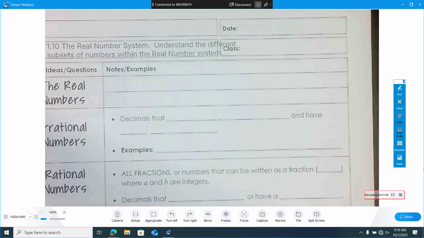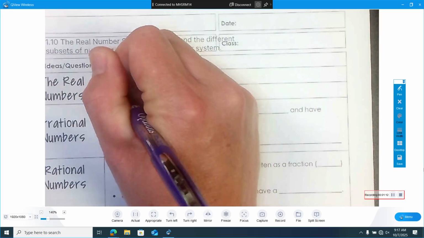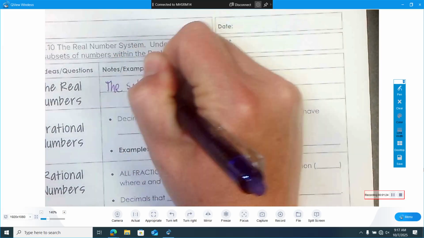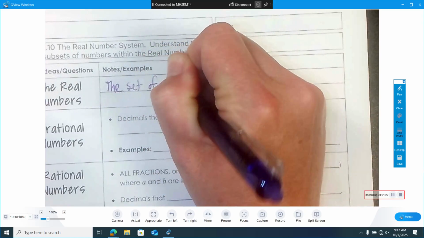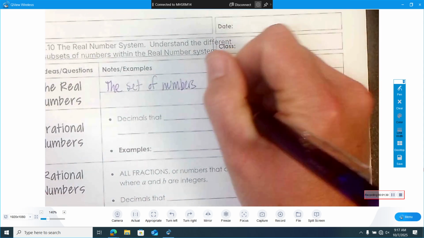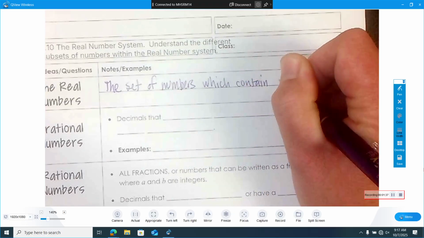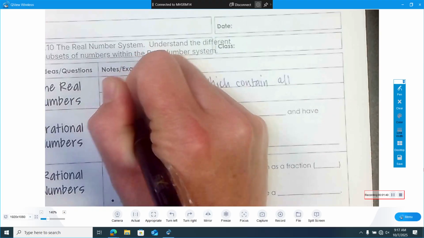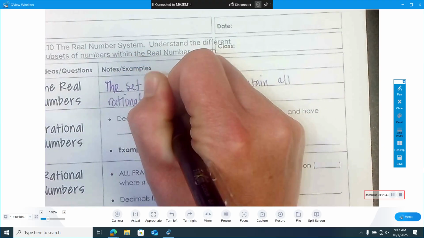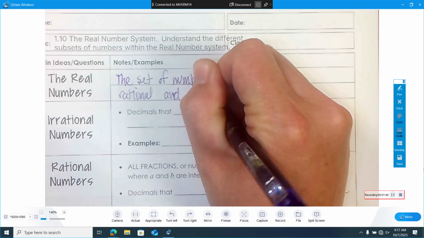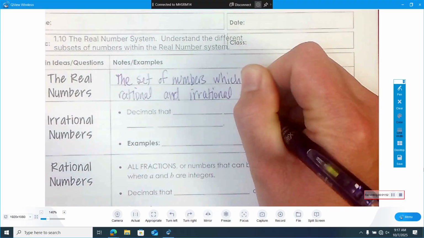So the real numbers are the set of all numbers which contain all rational and irrational numbers.